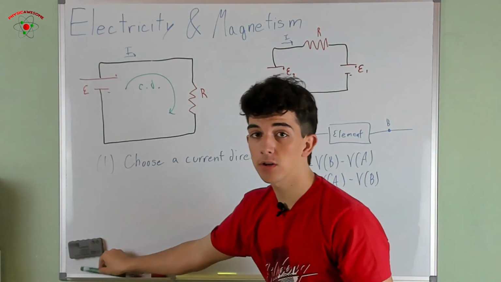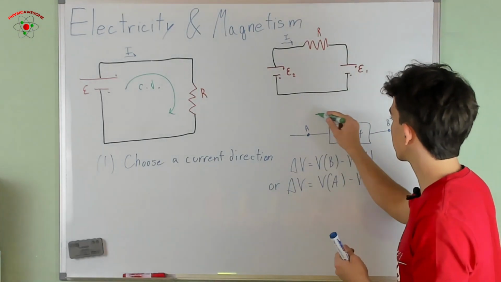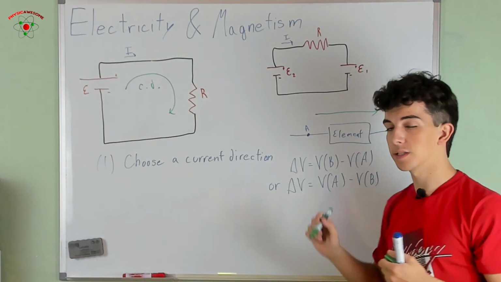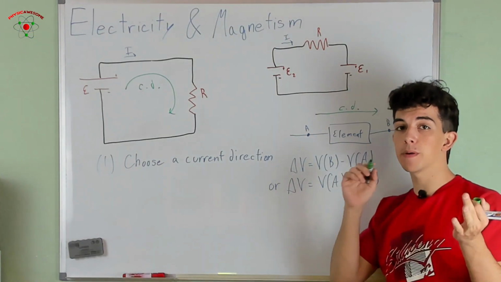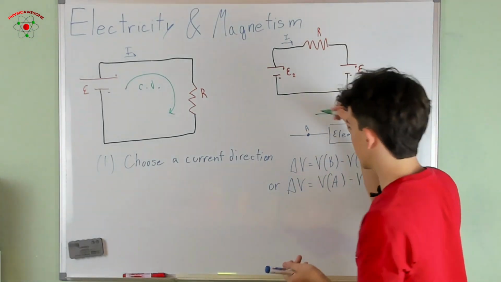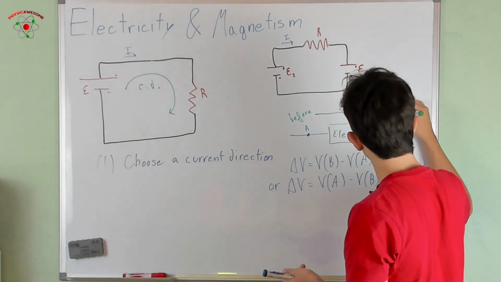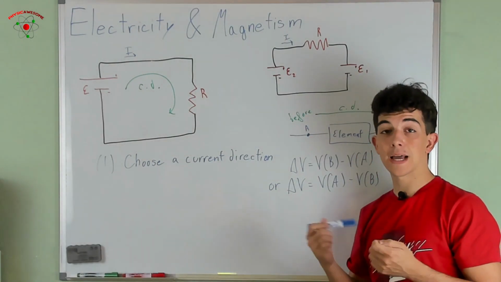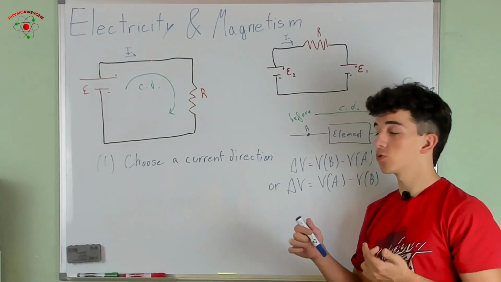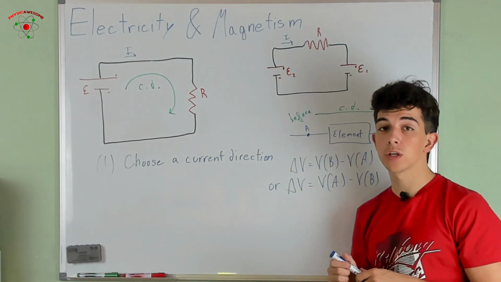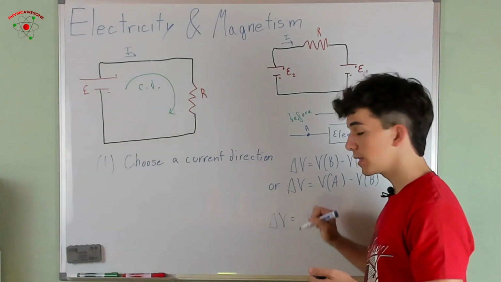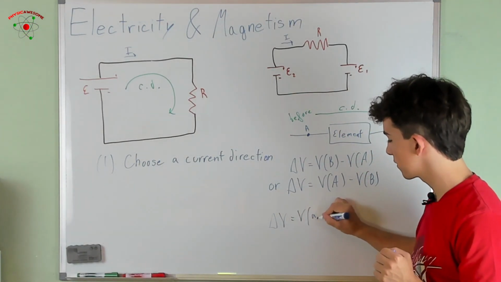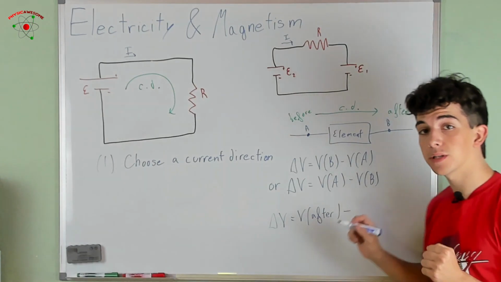This circulation direction allows us, if we choose it for instance in this direction, to establish a before and an after. And then, by convention, as we chose this circulation direction, the change in potential is going to be equal to the potential after minus the potential before.